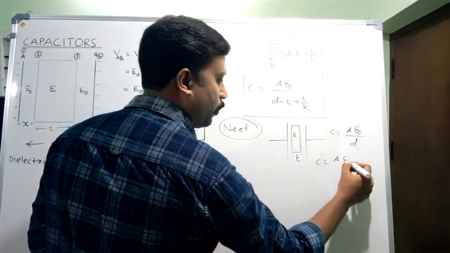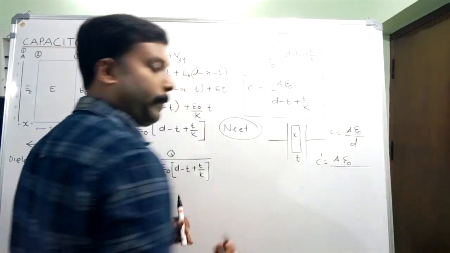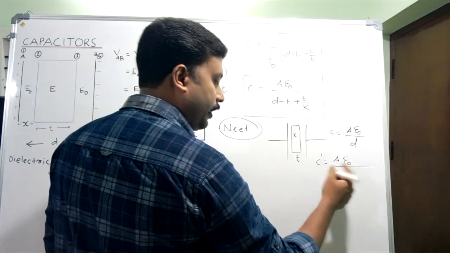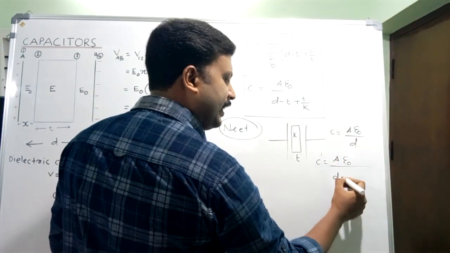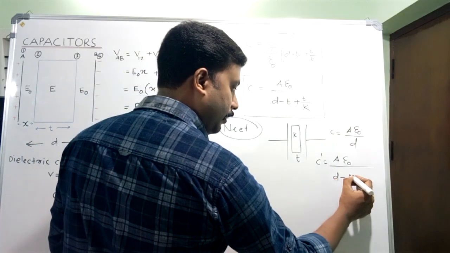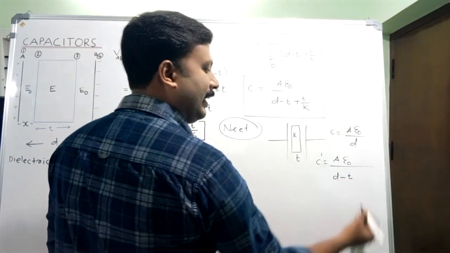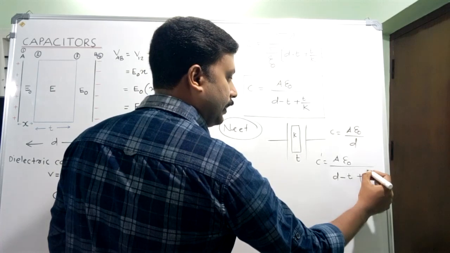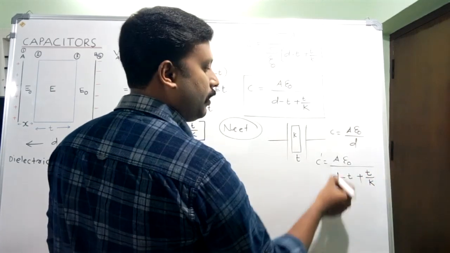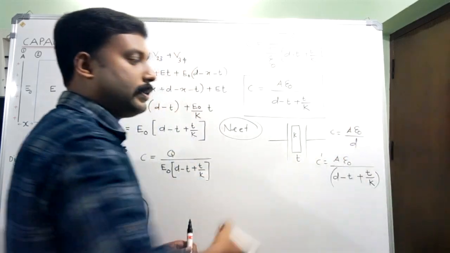Write A epsilon 0 by D, then subtract the thickness of the slab, that is T, then add a factor, that is thickness divided by the dielectric constant of that slab. So this will be the capacitance.